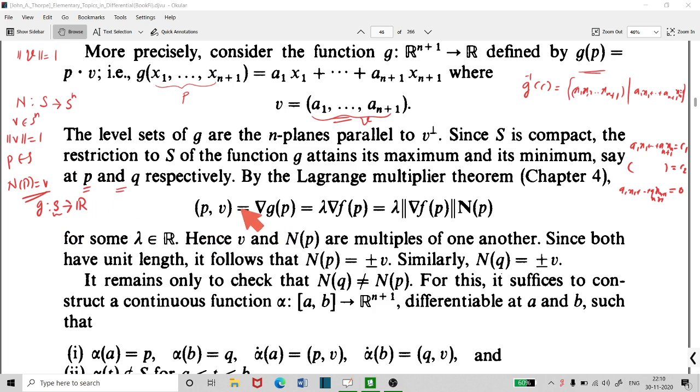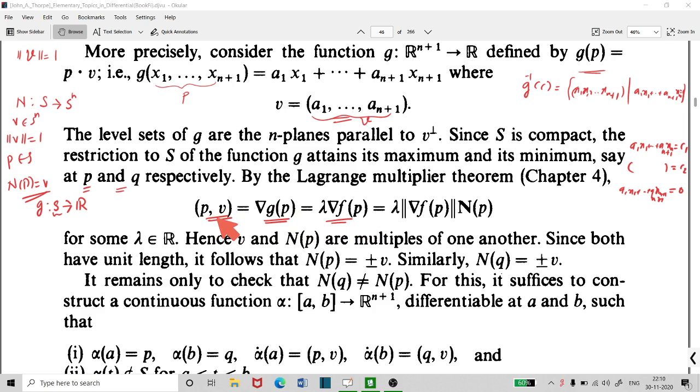Then using the Lagrange multiplier theorem, ∇g(p) is equal to lambda times ∇f(p). Now you evaluate ∇g(p). It is the vector (p, v), obtained by ∂g/∂x1, that is a1, ∂g/∂x2, that is a2. So the vector part is (a1, ..., a_(n+1)). Hence ∇g(p) is nothing but (p, v). That means ∇g assigns v at every point p.